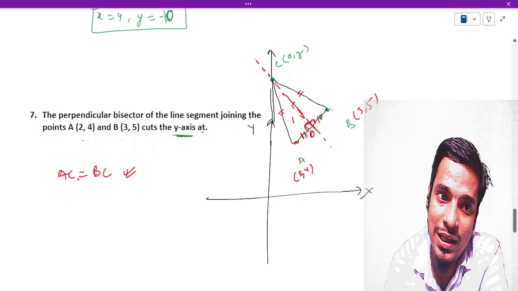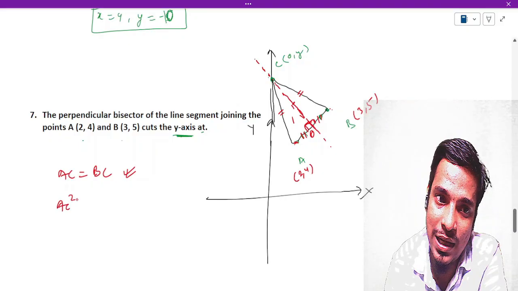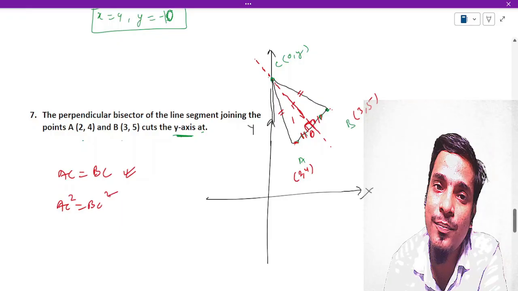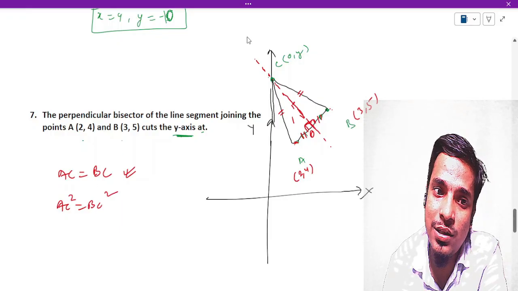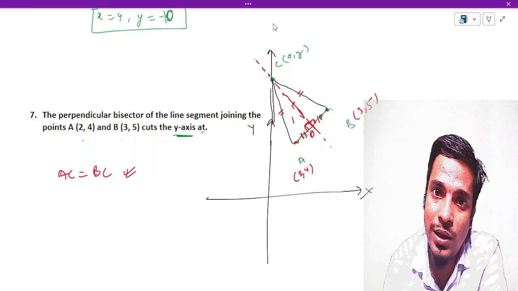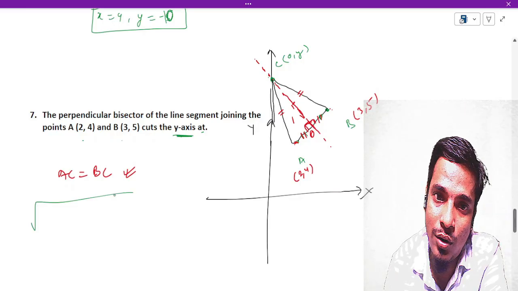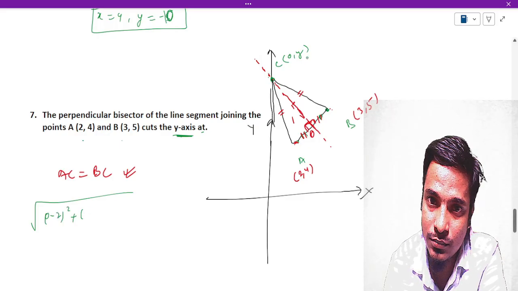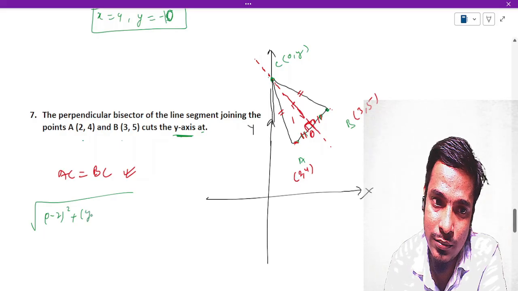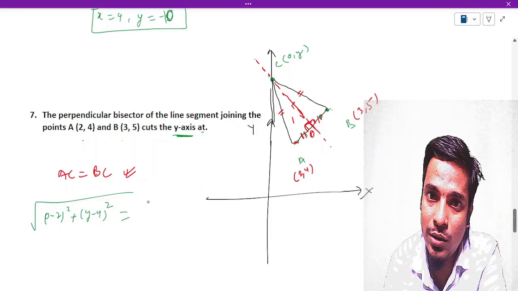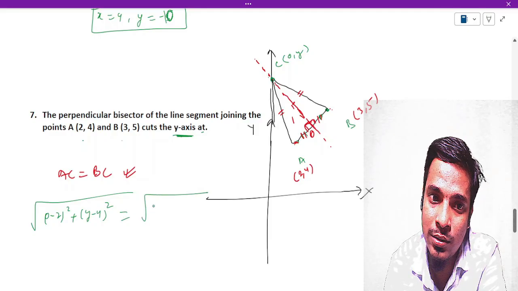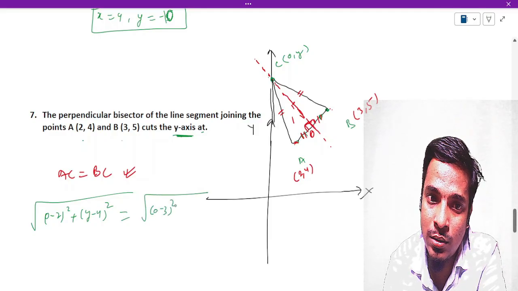You can find that AC is equal to BC, so directly I can say AC square is equal to BC square. Or by using the distance formula, you can write: square root of (0 minus 2) square plus (y minus 4) square is equal to square root of (0 minus 3) square plus (y minus 5) square.